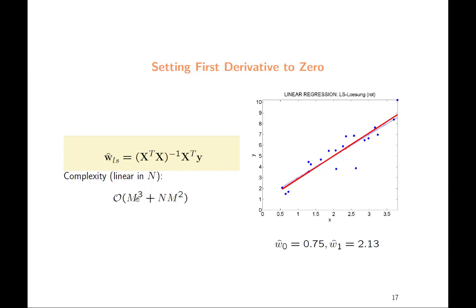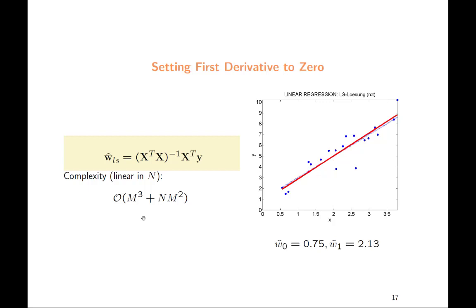So number of parameters to the power of 3, so cubic in the number of parameters, and then there's another expensive term which is n, the number of data points, times m squared. Although this term is often more expensive, the inverse of a matrix scales to the third power of the dimensions.